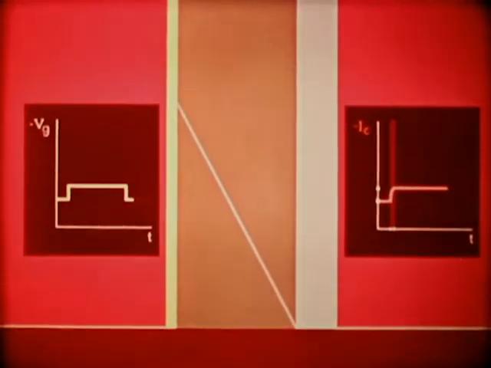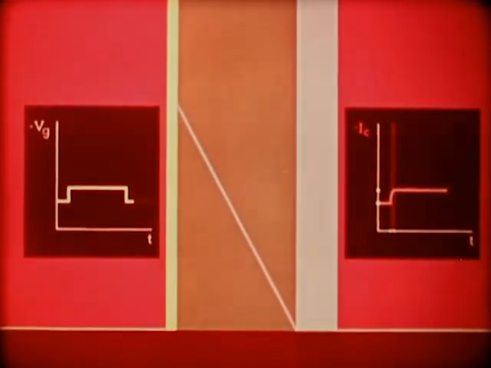What happened at this trailing edge of the pulse? The width of the emitter base barrier region increased, and the concentration of the holes near the junction followed this change immediately, after which the concentration curve straightened out again.